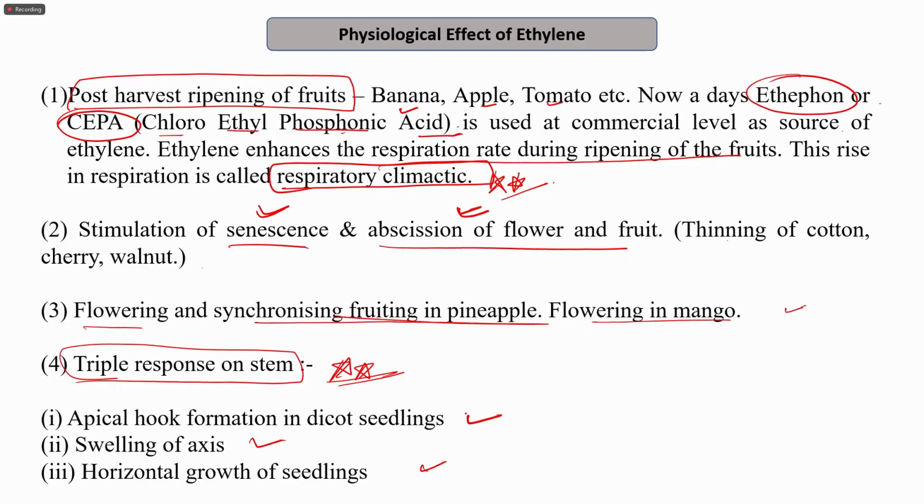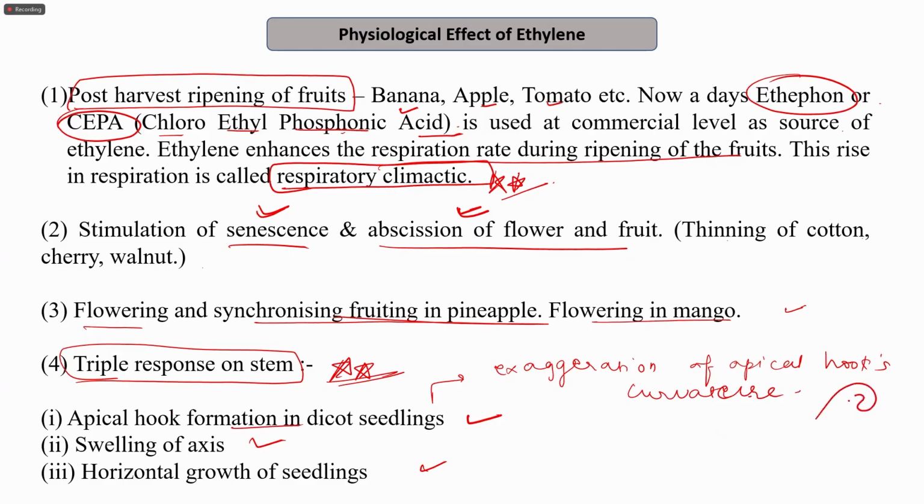So what is apical hook? It is an exaggeration of apical hook curvature. It promotes that, it exaggerates that apical hook curvature. So it leads to the apical hook formation in dicot seedling.